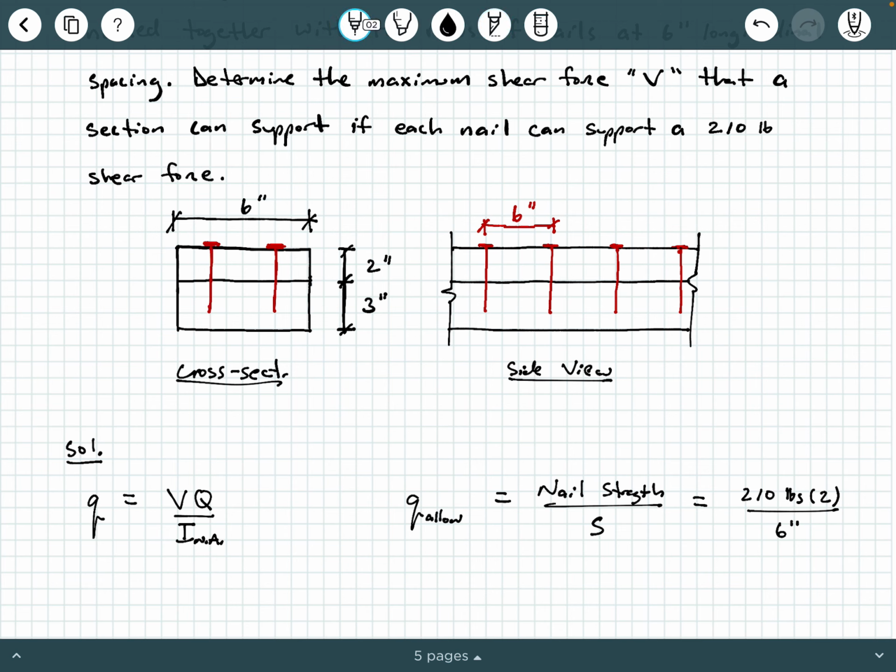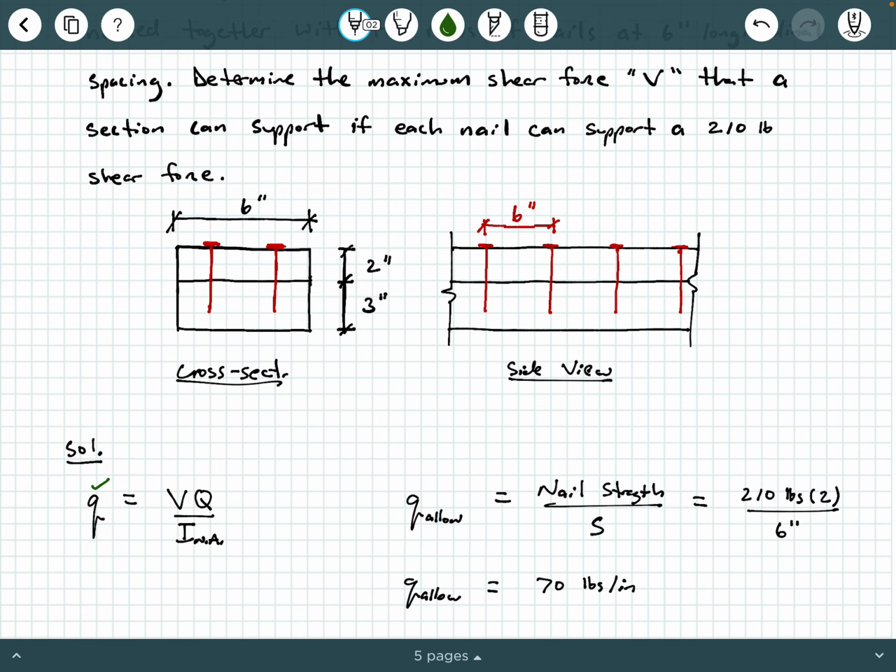And so when you punch that through, what do you get for q allow? Well, you'll get 210 times 2 over 6, and so you're going to get 70 pounds per inch. So now we can check off little q in that equation, okay?